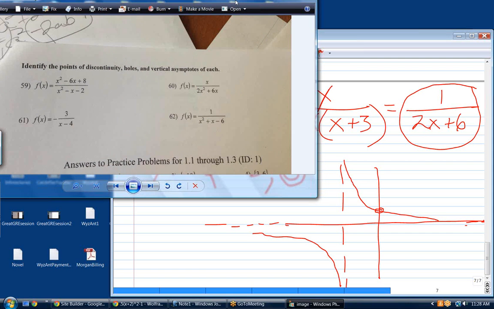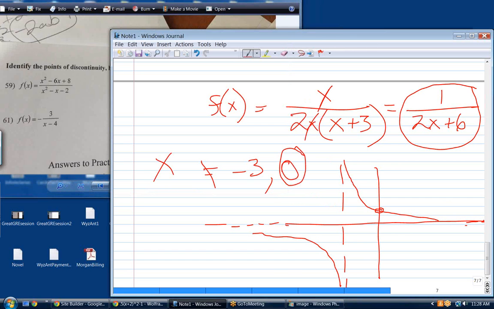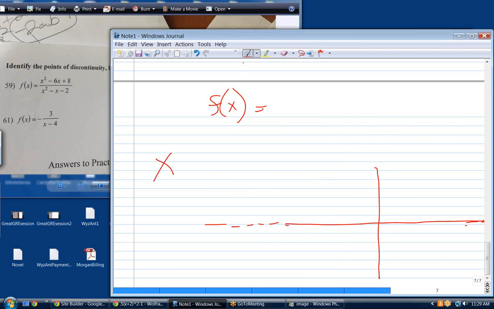So let's look at 61. We got time for one more. This is a fairly normal looking function, except it's got the minus sign in front of it.